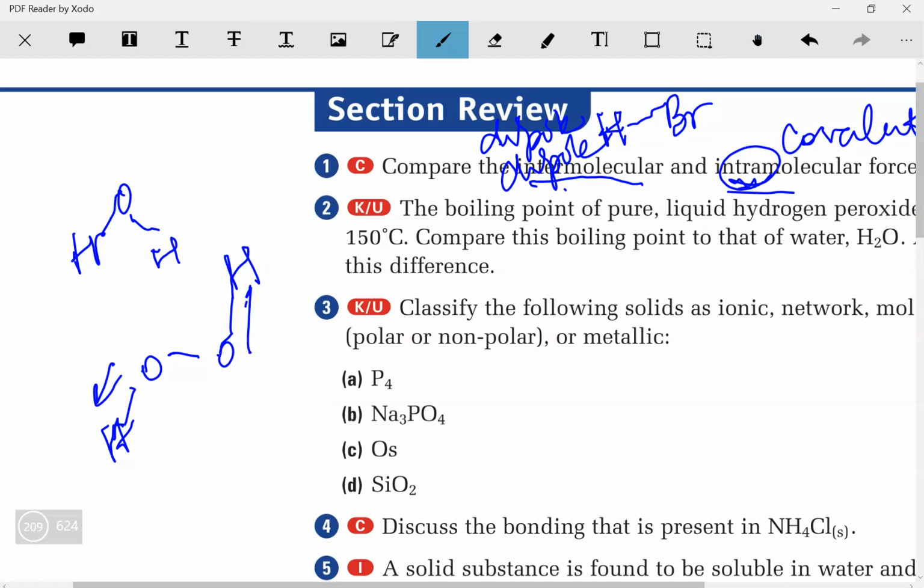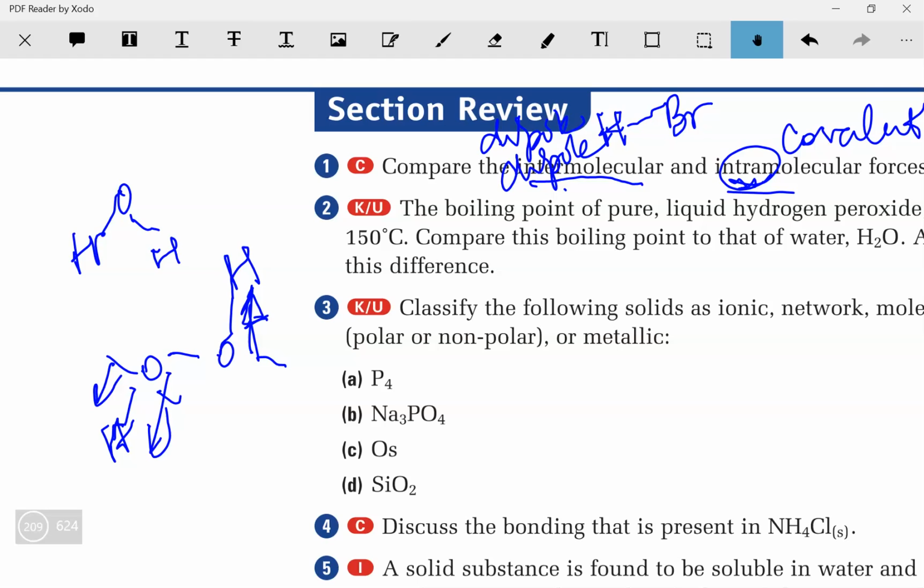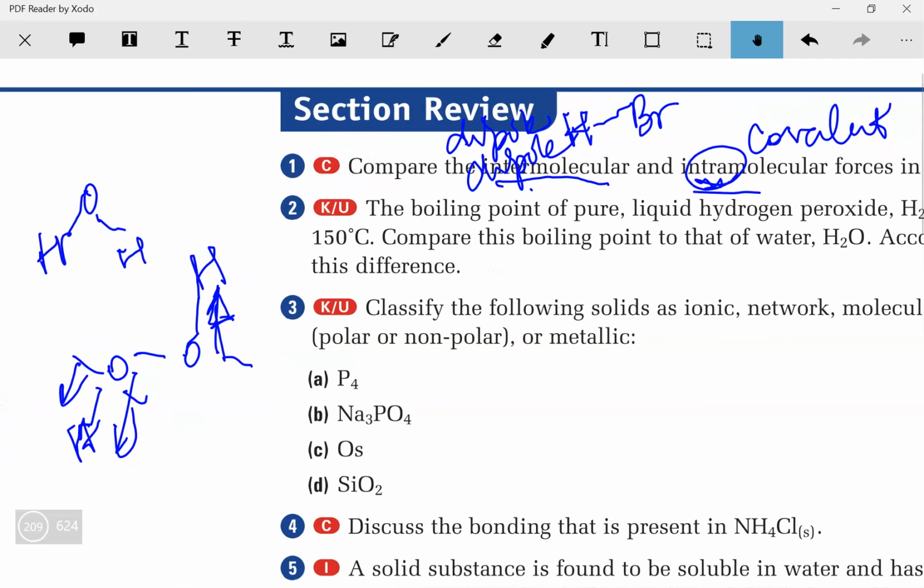It also has hydrogen bonding, but hydrogen peroxide, I believe, has two oxygens and two hydrogens per molecule that can bond to other oxygens and hydrogens. I even suspect there will be some kind of dimerization. You don't need to know what that is, so we're not going to look at this question really. But you can just say that because there's more possibilities for hydrogen bonding, because there's more oxygen atoms, therefore it has a higher boiling point, I would say.